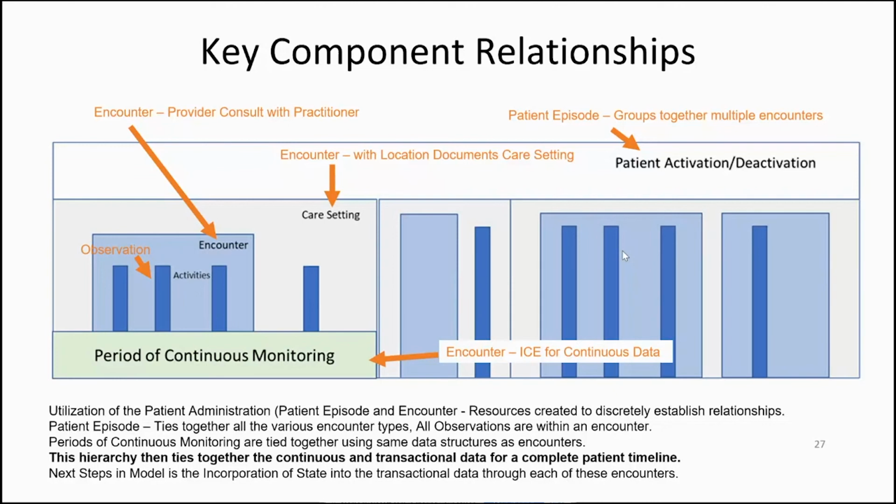So we actually had to have some form of state that needs to be added to this. So this is the first step of doing this. The other thing this actually does, and these encounters actually do, is allow us to start to link together these clinical transactional pieces of data and information with the continuous monitoring of data and the information that's going forward.